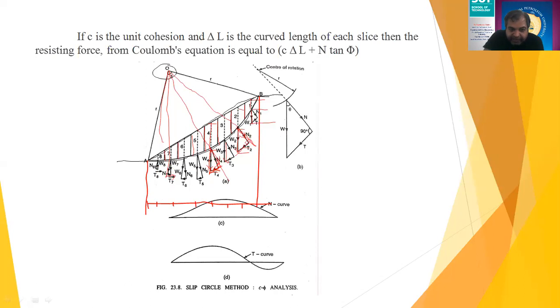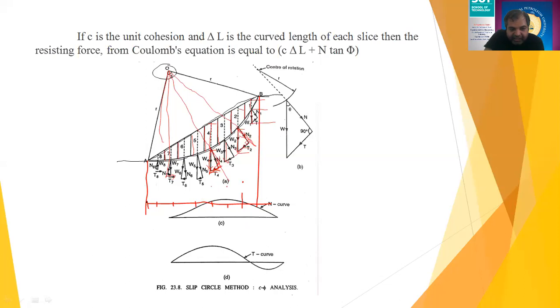So the n component, you can measure it easily. This is n2, from slice number 2. Whatever the length of this is, you are going to plot from here. So this length you are plotting. So probably this value will come here. Similarly, this n3, n2. So this n2 may be here, and so on. For each of the slices, you measure this value and plot it here.